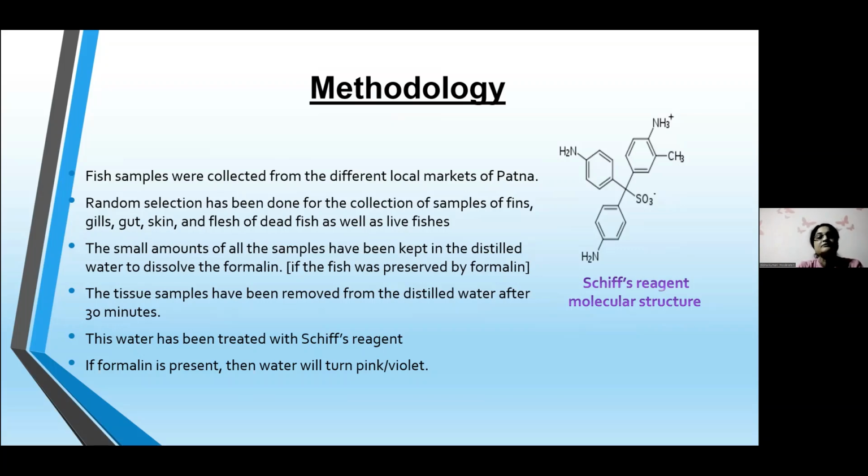So the methodology was very simple. Fish samples were collected from different local markets of Patna. The Patna market has different types. Some of the markets are government recognized or authorized.